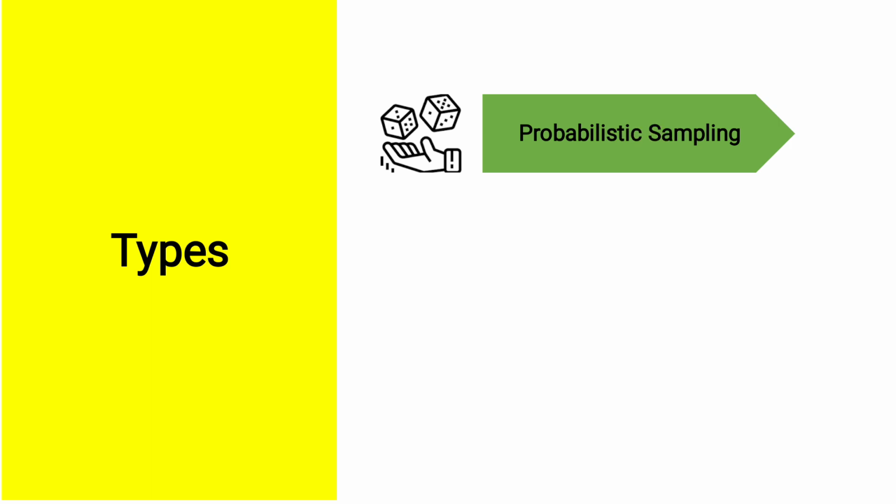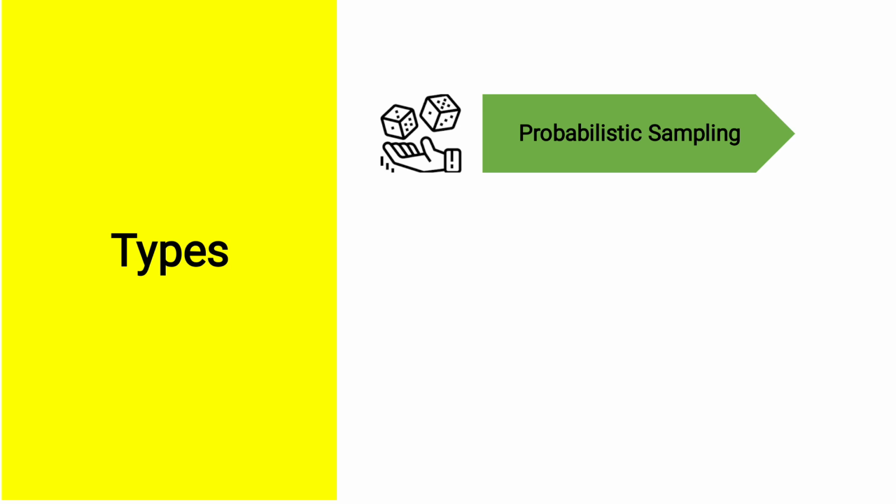Next is, what are the types of sampling techniques you can use to select that subgroup or the sample. In broad terms, you can divide sampling techniques into two types. The first one is the probabilistic sampling technique.